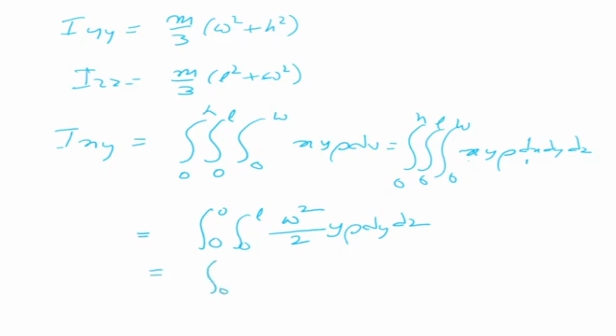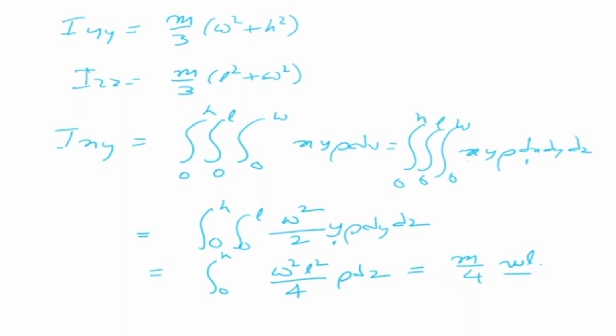I get w squared, and y becomes y squared, and the limit is 0 to L, so it becomes L squared by 4 rho dz. And then finally, using the same logic again, we are getting m by 4 w into L.